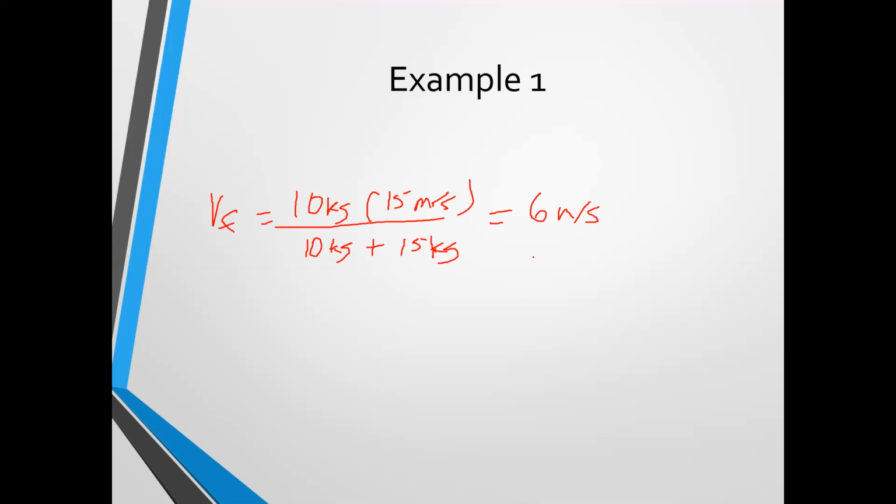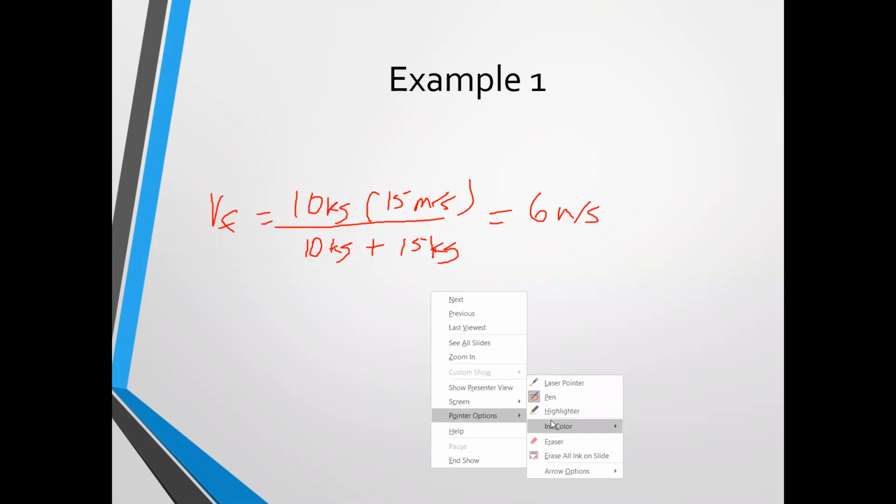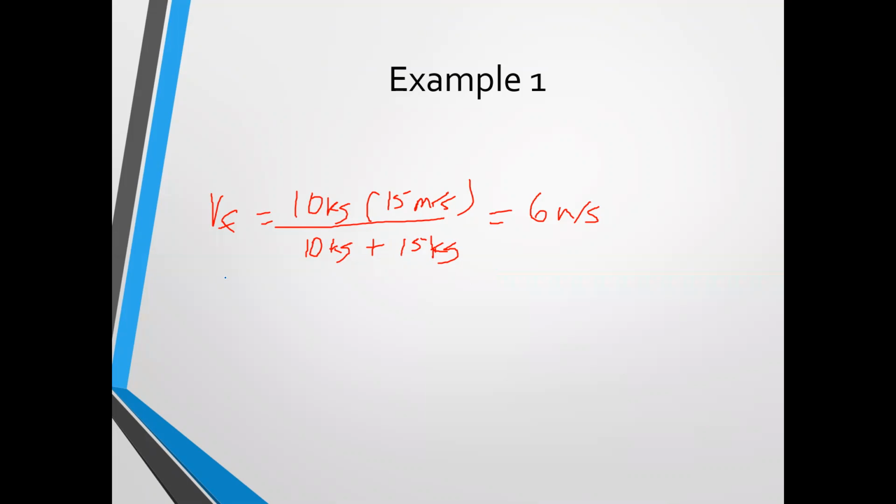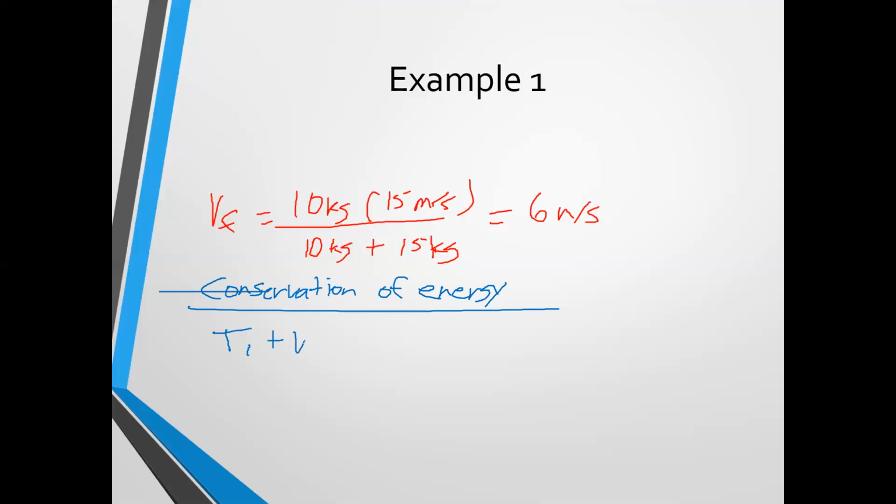Now that we know the velocity of the combined blocks together, let's switch colors for this. Let's go to a blue here. We'll call this conservation of energy. We know the conservation of energy looks like this.